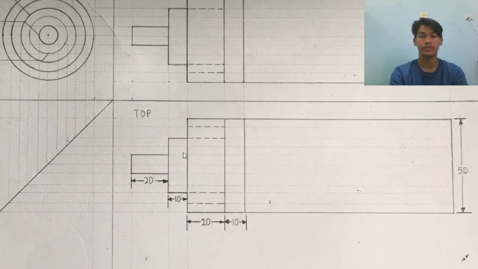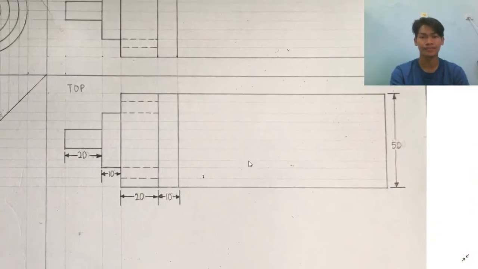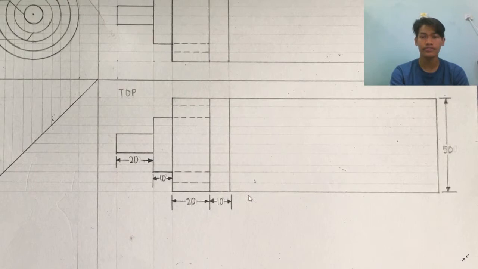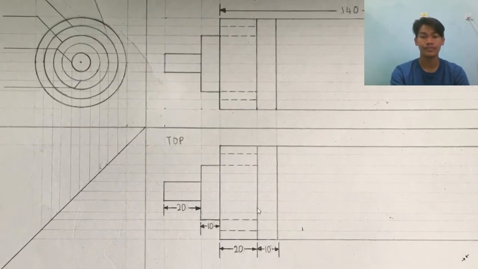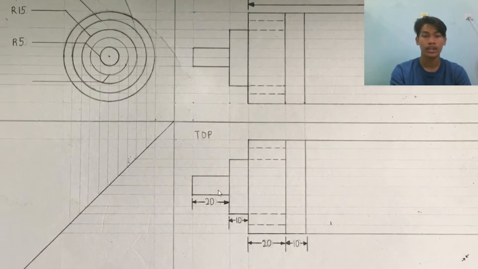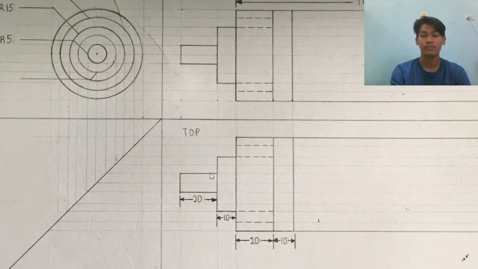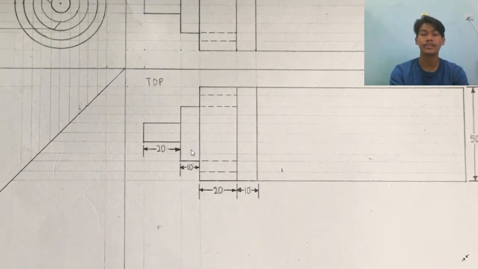At the top view, as in this drawing, the height of the steering rack is 50 millimeter, the top cylinder is 20 millimeter, and this second cylinder is 10 millimeter of the height.